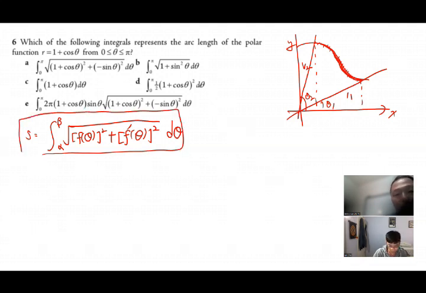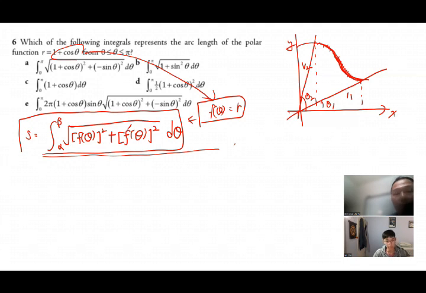Here f(theta) is normally the same as r, because r is also a function of theta. If you memorize this equation, all we need is to take the derivative of this r function and plug it into this equation.